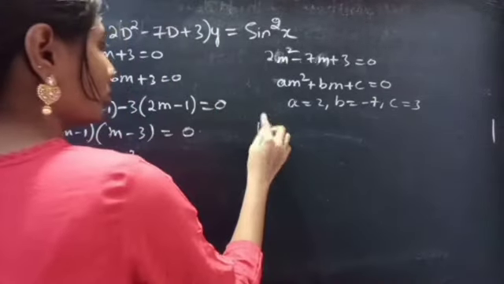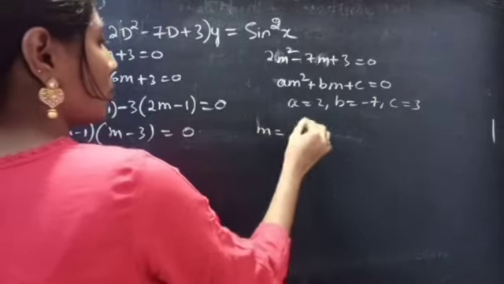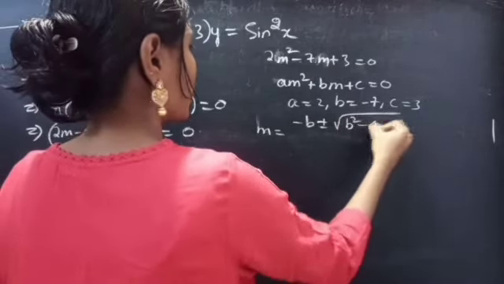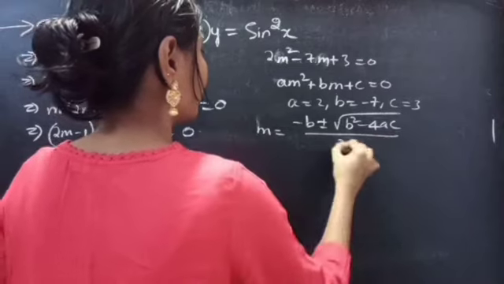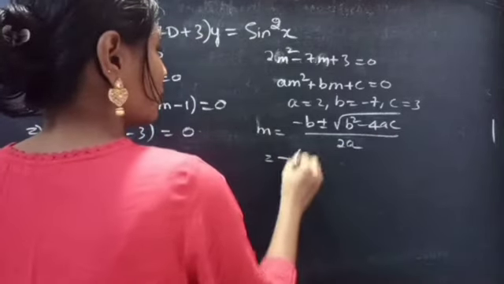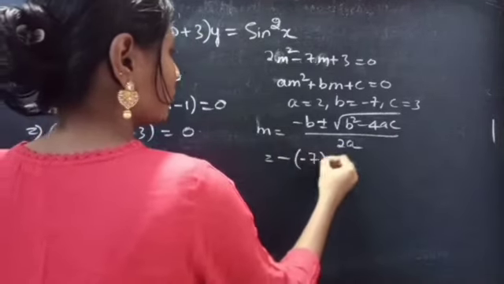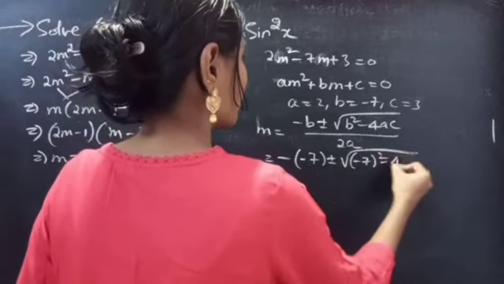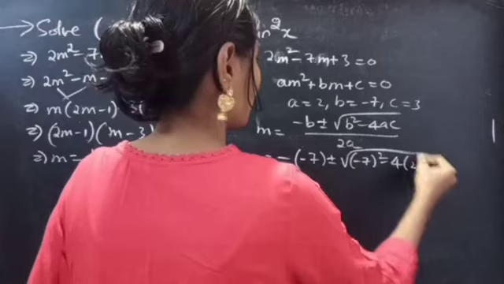We'll use the quadratic formula: (−b ± √(b² − 4ac)) / 2a, which is (−(−7) ± √((−7)² − 4 × 2 × 3)) / (2 × 2).